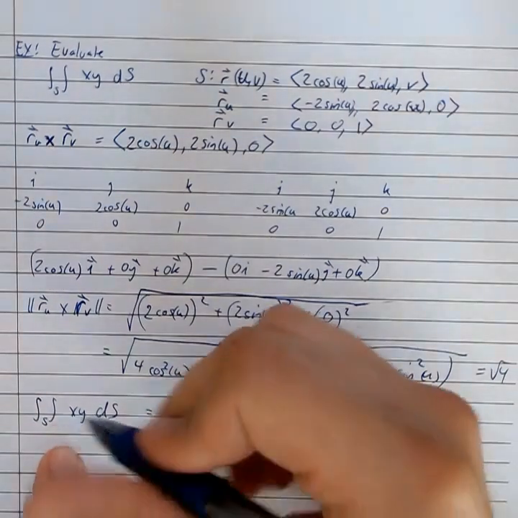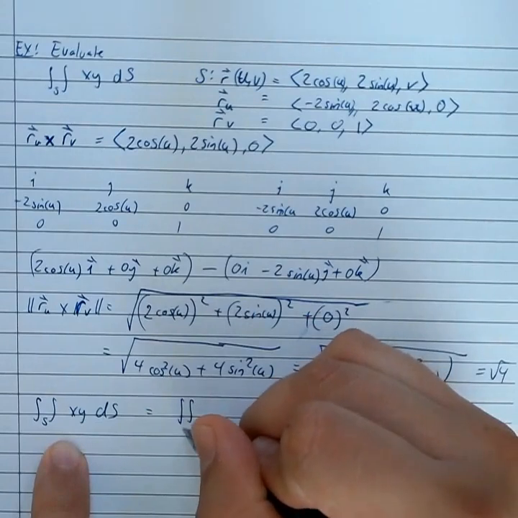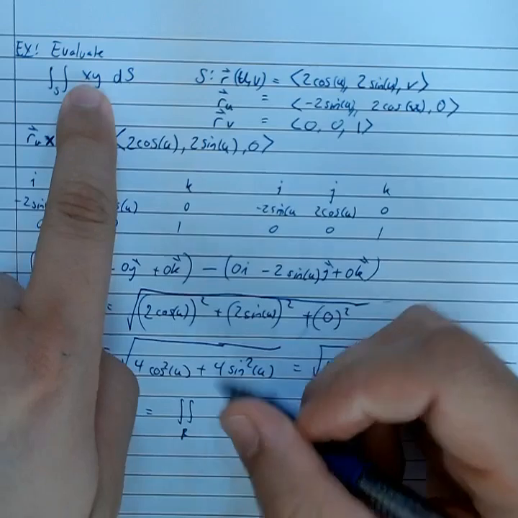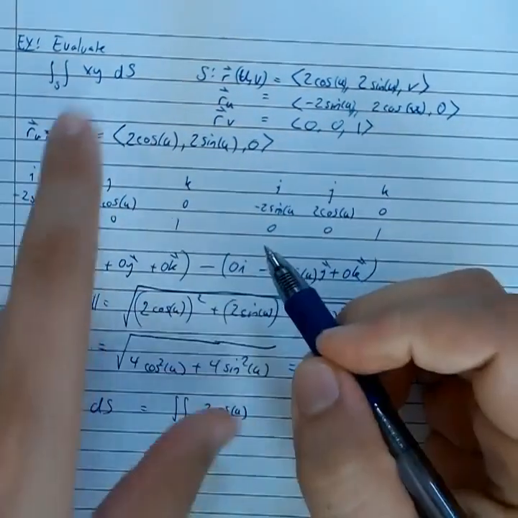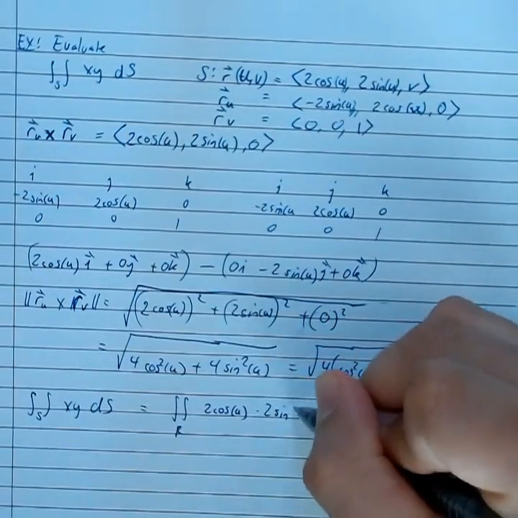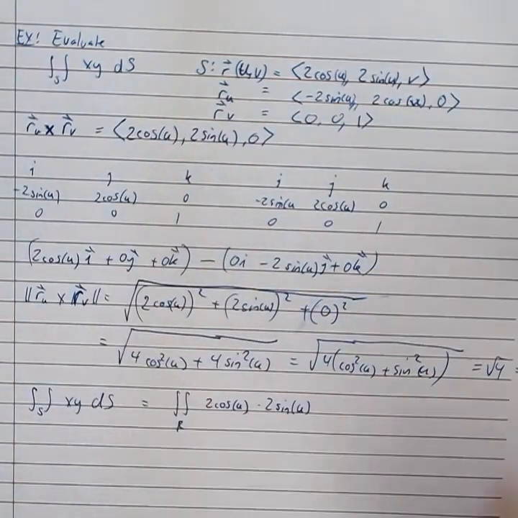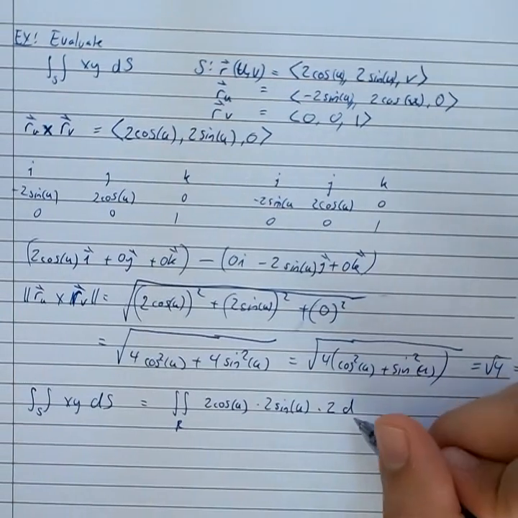So here we can write this as the double integral over a region R of, let's see here, that x is going to be 2 cosine of u, that y is going to be 2 sine of u, and those are getting multiplied together. And now dS is going to be 2 du dv.